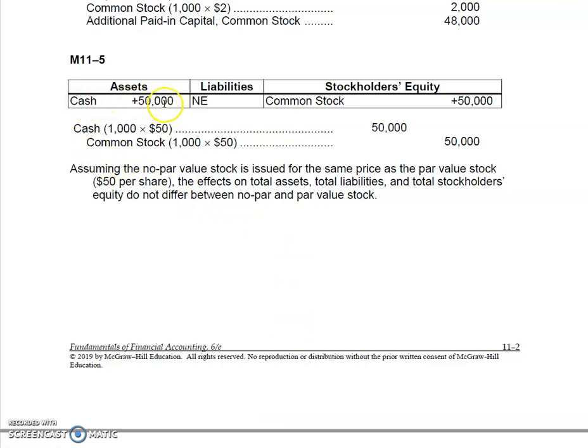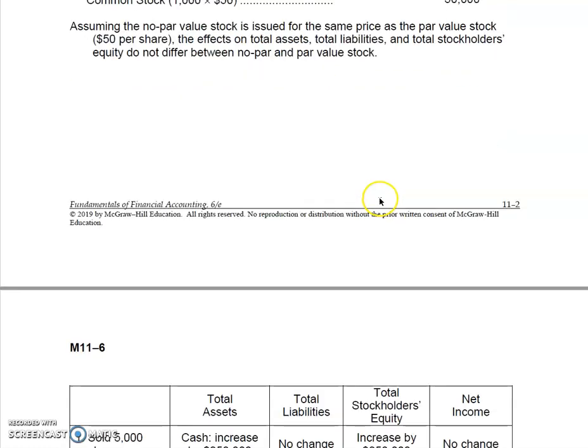So we increase cash again by $50,000, increase stockholders' equity by $50,000, debit cash, credit common stock for the $50,000 amount. And here they get in there, the effects on total assets, total liabilities, total stockholders' equity do not differ between the no par stock and the par value stock.